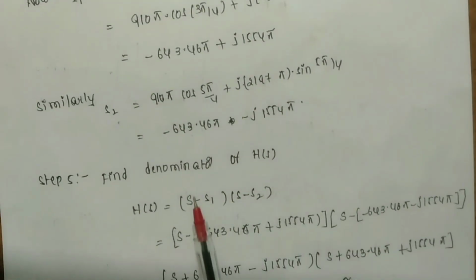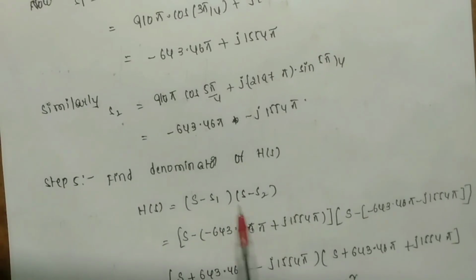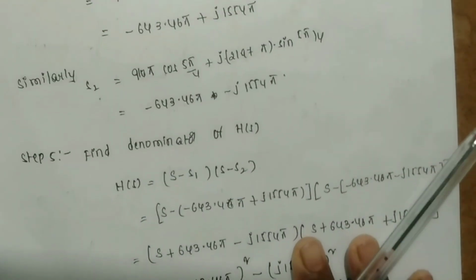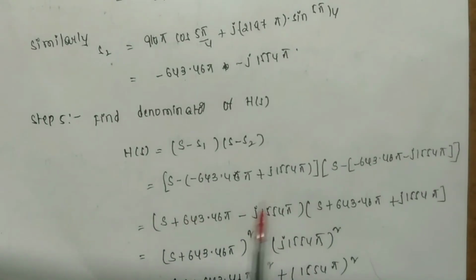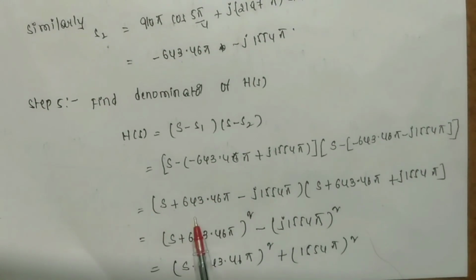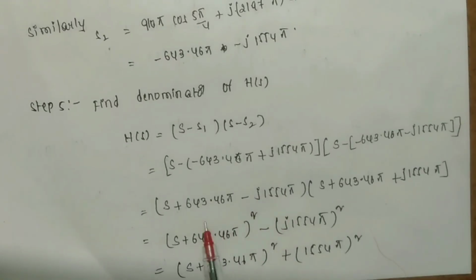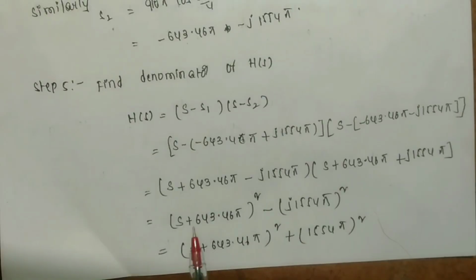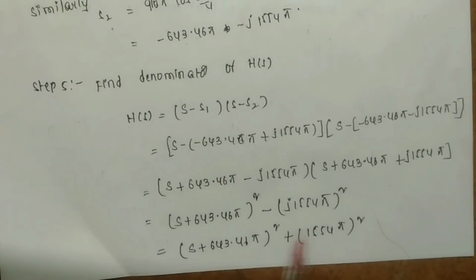I am substituting s minus the s1 value and s minus the s2 value. After simplification, you can take this term as a and this term as b. You can say (a minus b) into (a plus b), so the formula is a square minus b square. This is the value you got for d of s.